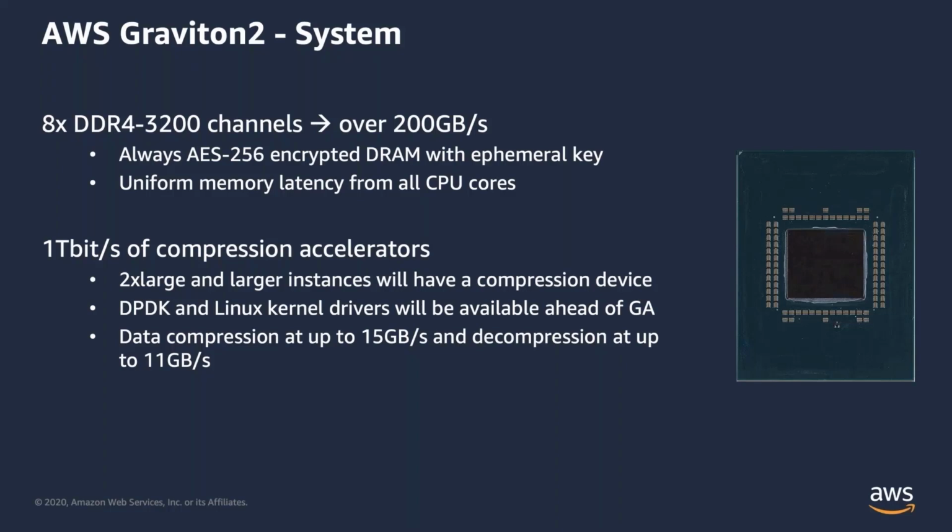It also provides a compression accelerator with a bandwidth of up to 1 terabyte per second. This device is going to be available starting with 2XL instances and larger ones, and provides drivers for DPDK and the Linux kernel. The data compression can go up to 15 gigabytes per second and decompression at up to 11 gigabytes per second.